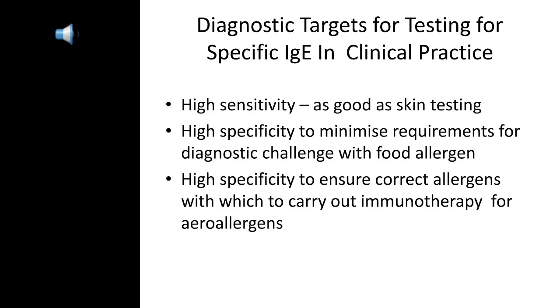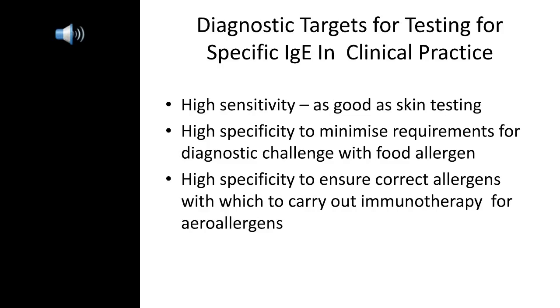So specificity is very important, and also high specificity is very important in terms of aeroallergen immunotherapy, because you're going to subject them to 4 to 5 years of perhaps injections or sublingual drops on the basis of your testing. So high sensitivity is important in terms of the fact that tests have to be as good as skin testing, but high specificity is very important in terms of dealing with reactions to foods.